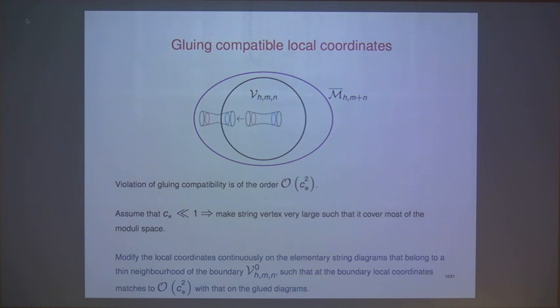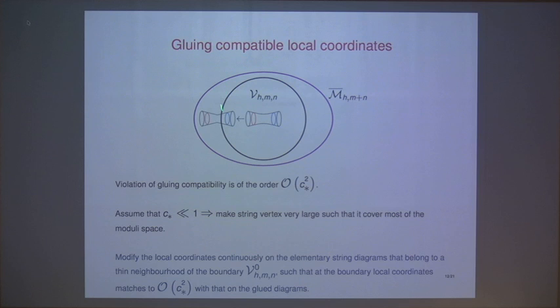So we have a notion of Feynman diagrams. When you enlarge the string vertex, the good thing is that at the boundary of the string vertex, the mismatch between the local coordinates on the glued diagrams and the elementary string diagram is very small.